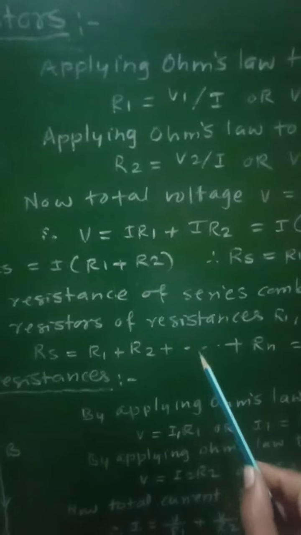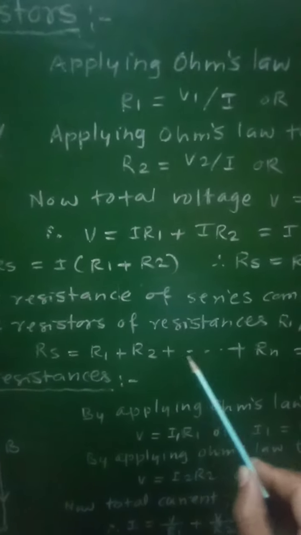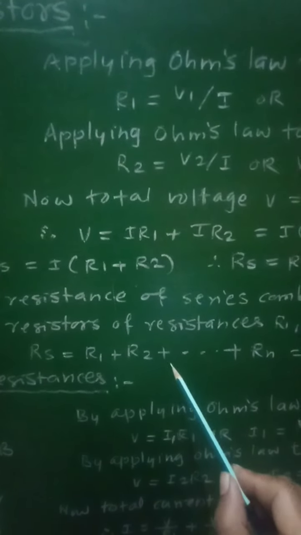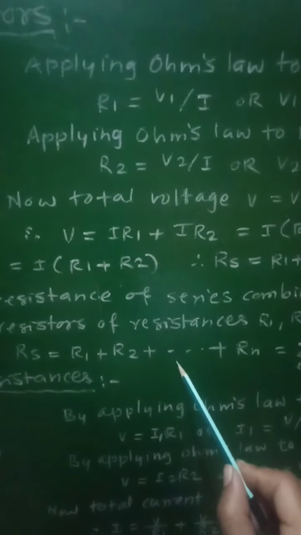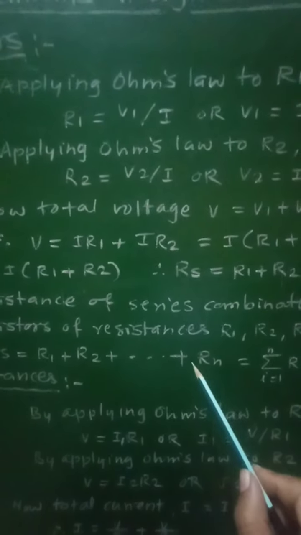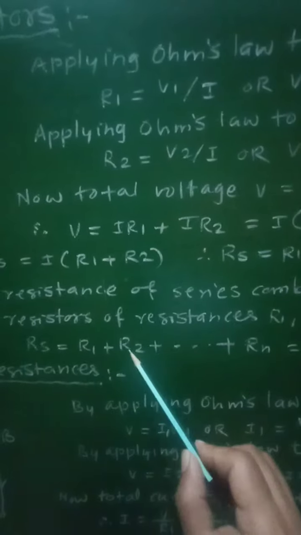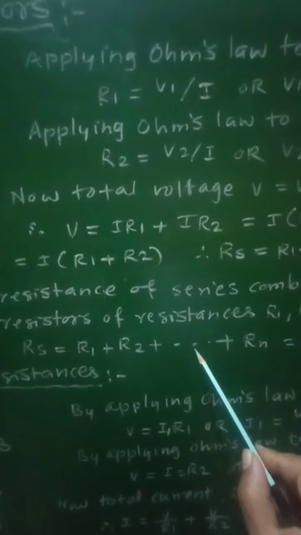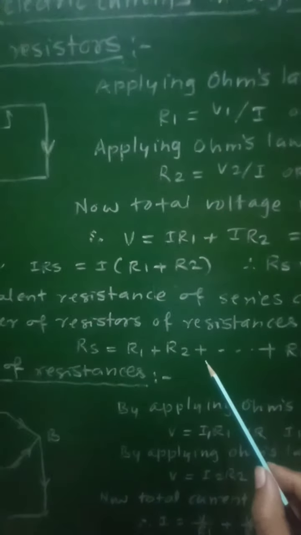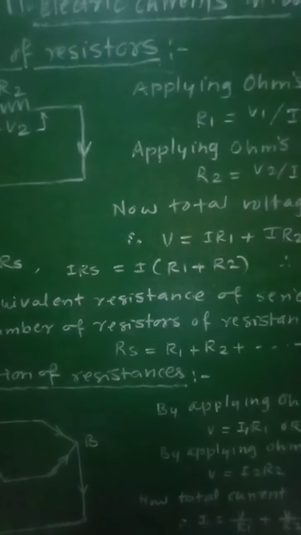Hence in case of series combination of resistances, the current flowing through the circuit remains constant and the potential across each resistance gets divided, and the equivalent resistance is equal to the sum of all the resistances. So this was regarding the series combination of the resistances.